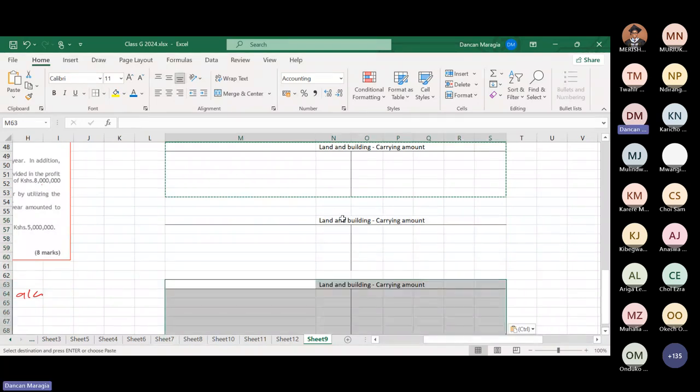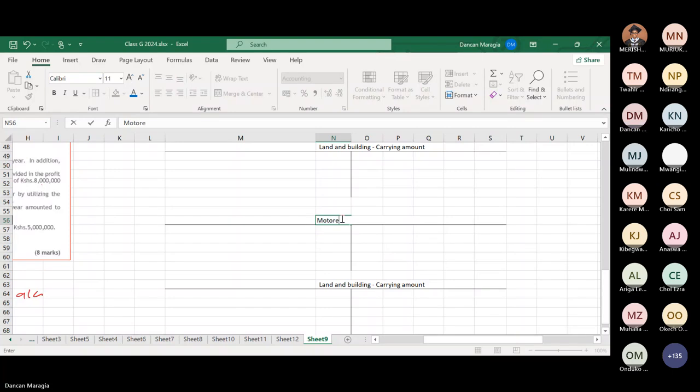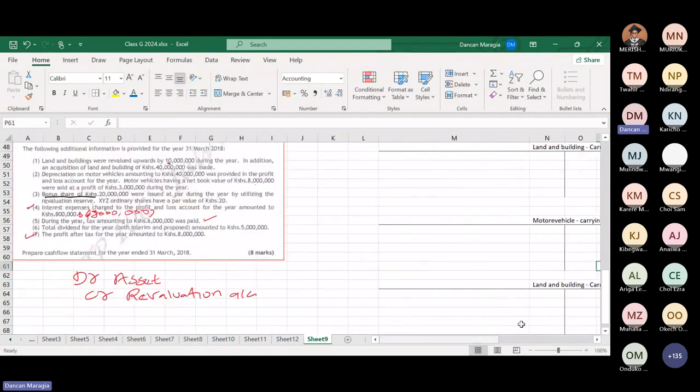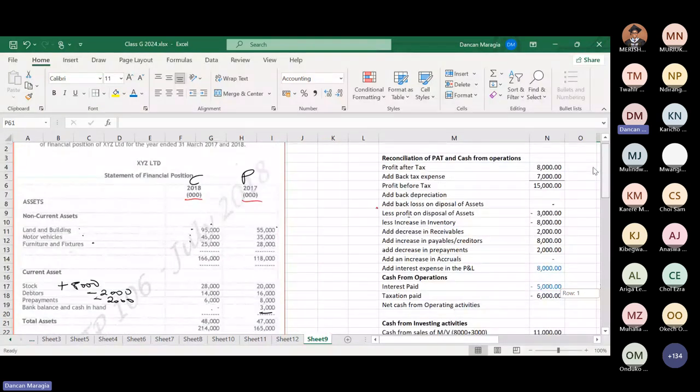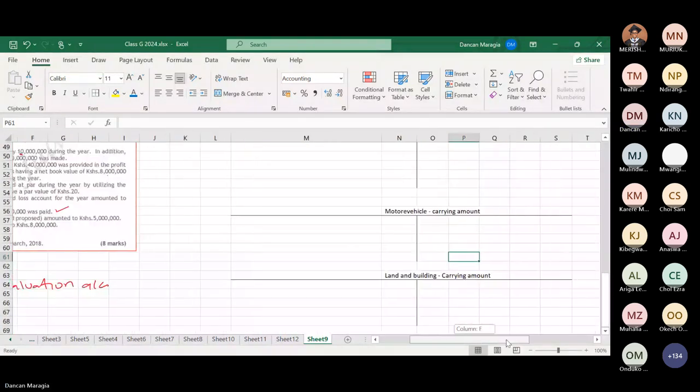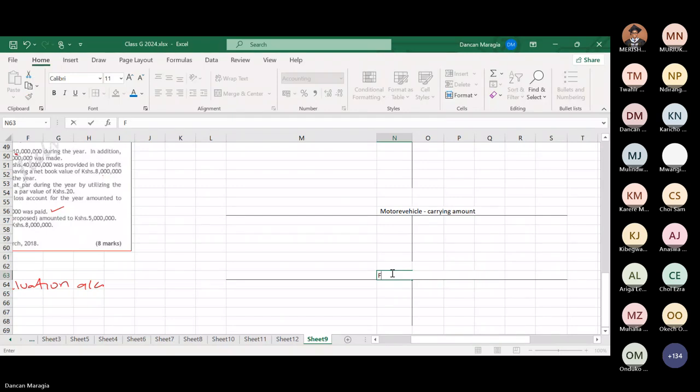So land and building carrying amount, then we have motor vehicle carrying amount. This is the reason I should do them last, because they involve more computations. And then we have furniture and fixtures. So carrying amount or net book value? No, carrying amount. So the account here is at carrying amount.